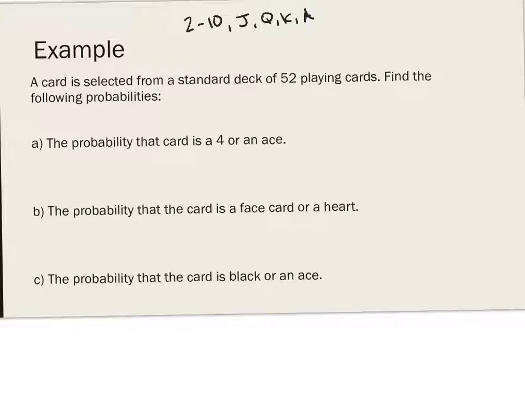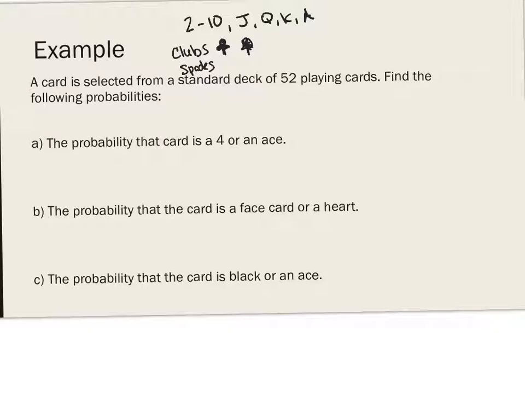There are 2 black suits, which are the clubs, that look something like this, and the spades, which look something like this. So clubs and spades are the 2 black suits.